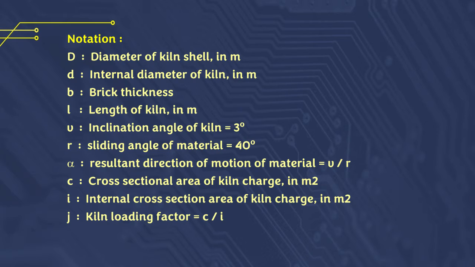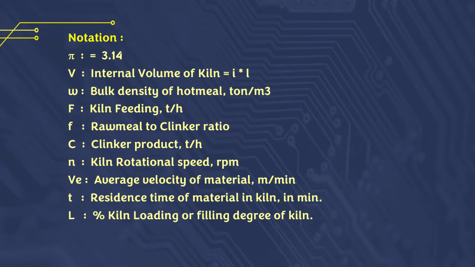C is cross-sectional area of kiln charge, in square meter. I is internal cross-sectional area of kiln, in square meter. J is kiln loading factor equals C divided by I. Pi equals 3.14. V is internal volume of kiln equals I multiplied by L. W is bulk density of hot meal, in ton per cubic meter.